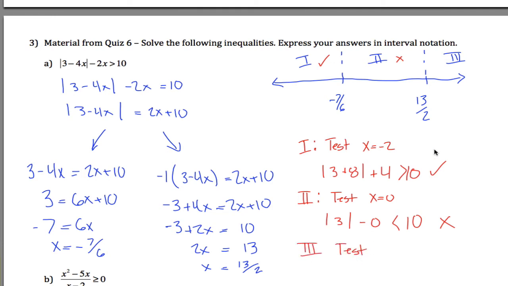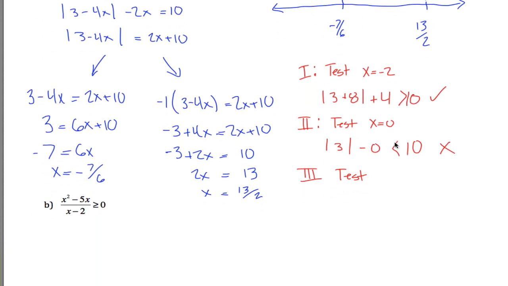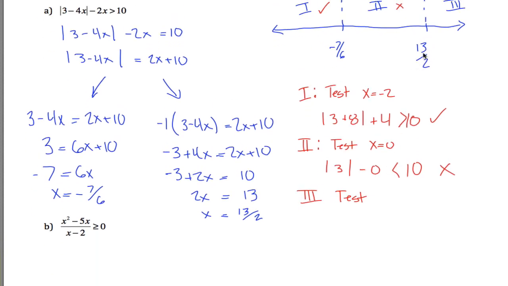Finally, test a number that's greater than 13/2. Because I was kind of a jerk and did fractions, it's hard to tell. 13/2 is a little less than 7, 6.5? Pick any number bigger than 6.5. How about 10? Nice round number. The absolute value of 3 minus 4 times 10, so 3 minus 40, minus 2 times 10.